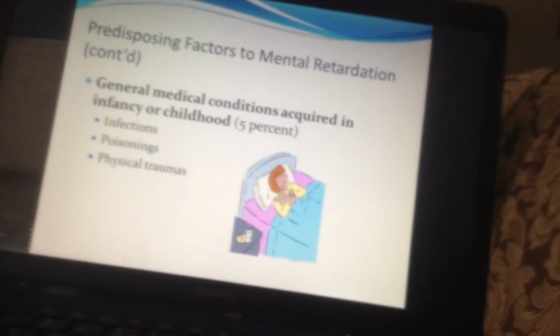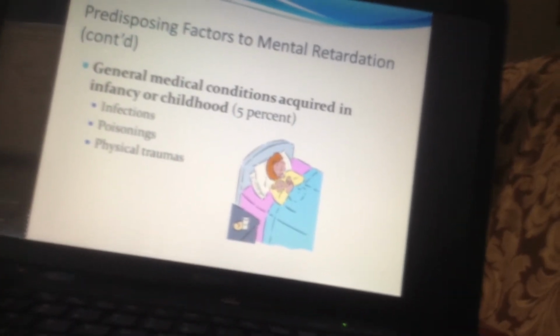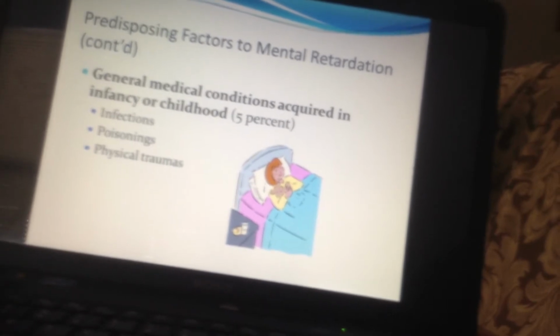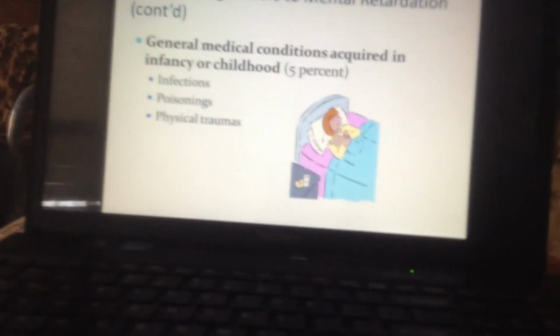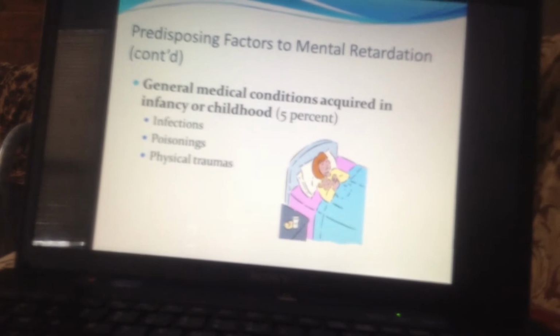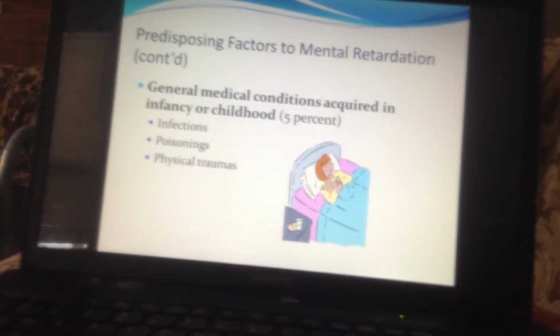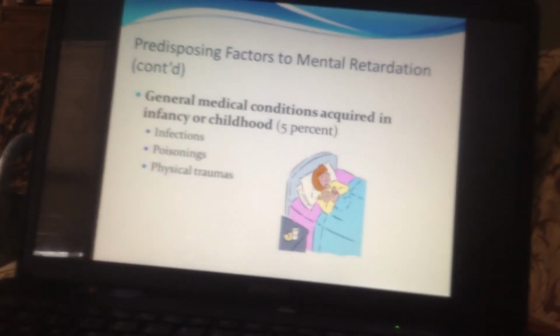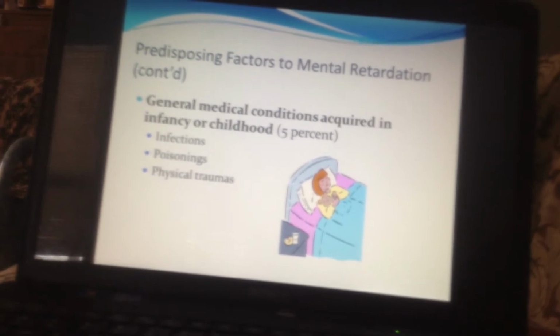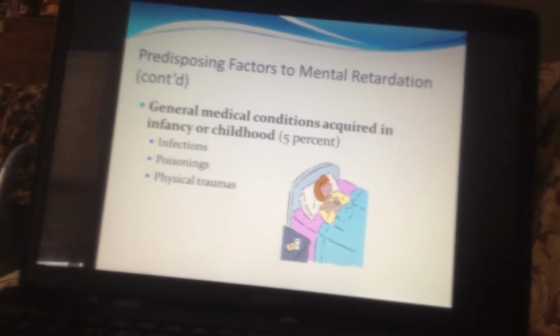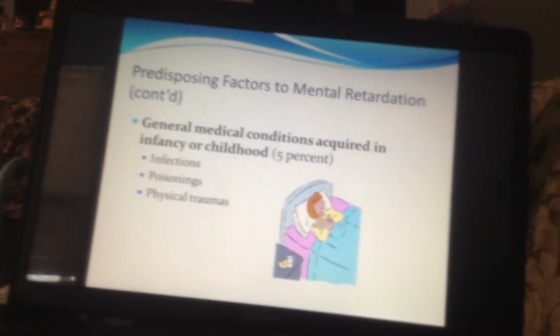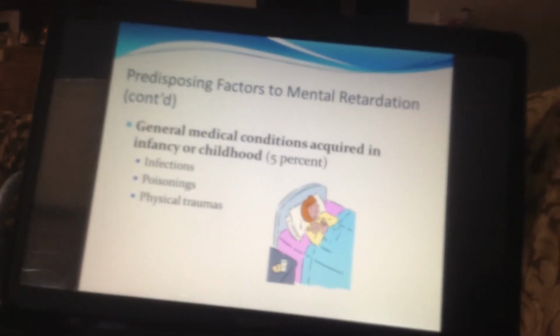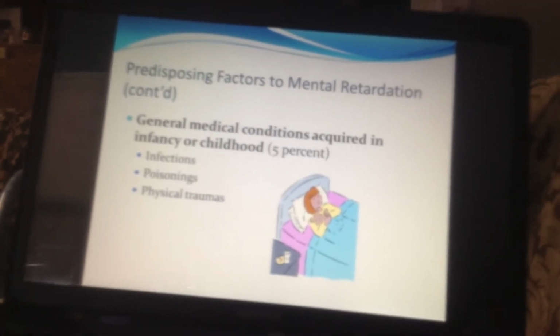General medical conditions would be infections, let's say if they had meningitis, poisonings, such as lead poisoning, or physical traumas. Most of the time, physical traumas that cause the infant or the child to be deprived of oxygen. So most of your head injuries or hypoxia would be examples of those.